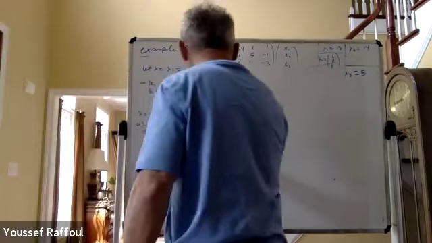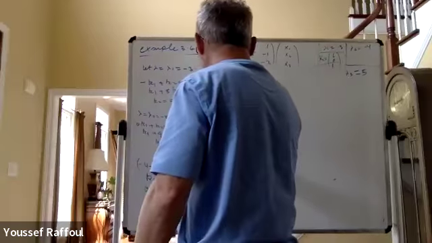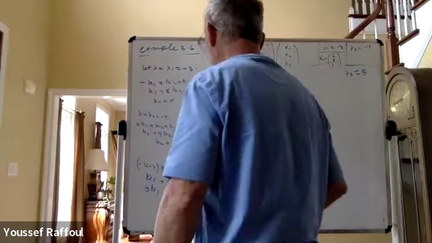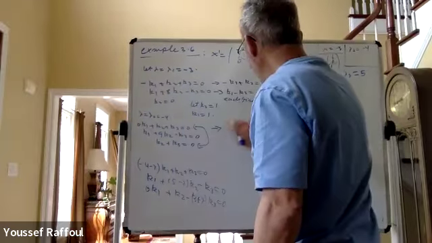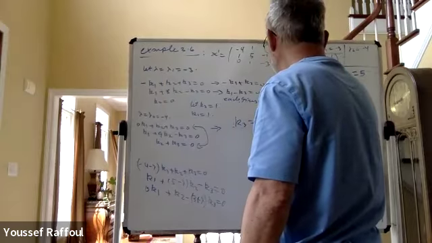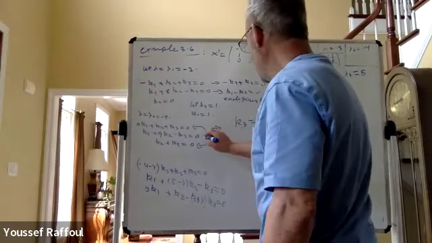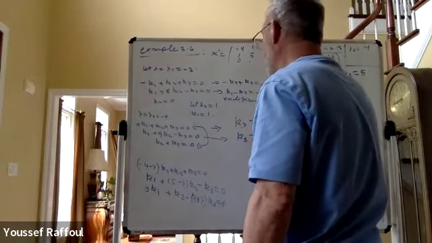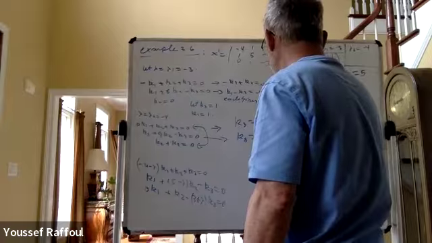So this equation and this equation gives K3 equal negative K2. And this equation tells me that K3 is 9K2.